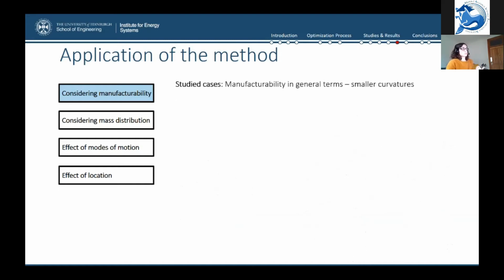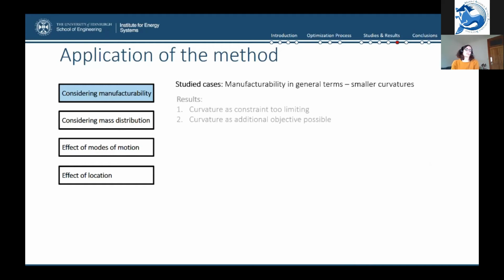Then I tried to take into account manufacturability in more general terms. So not only to improve manufacturability for shapes made out of rolled sheets of steel, but in general. And for this purpose, I looked at curvature. In general, for improving manufacturability, we want smaller curvatures.